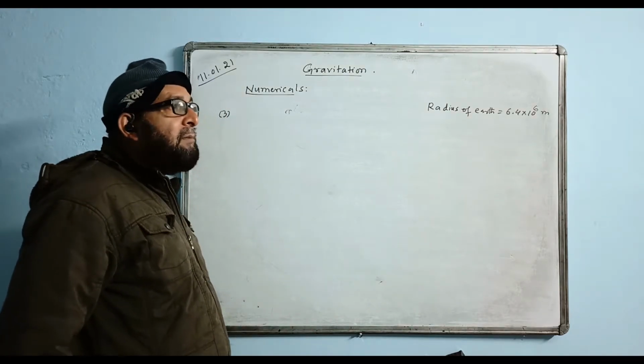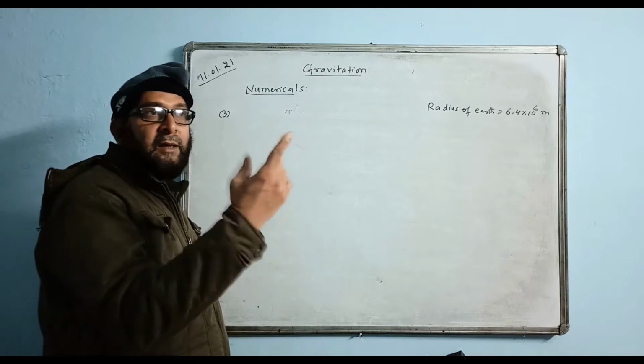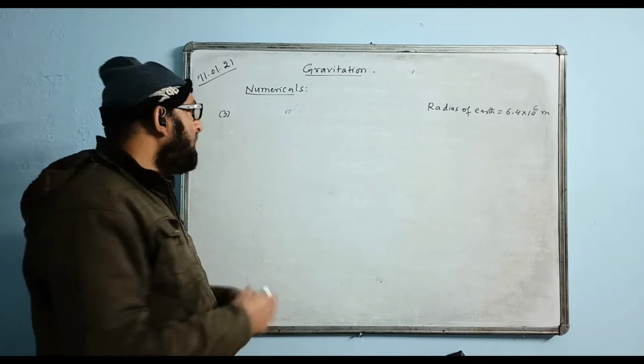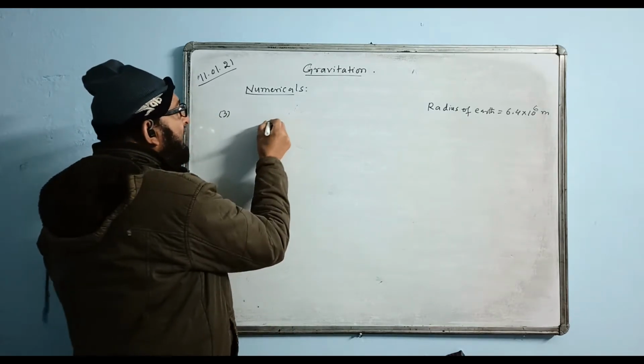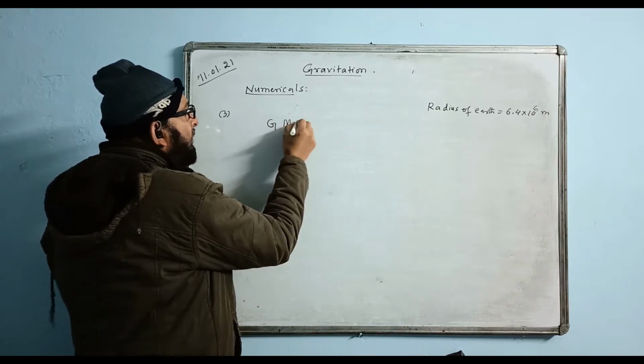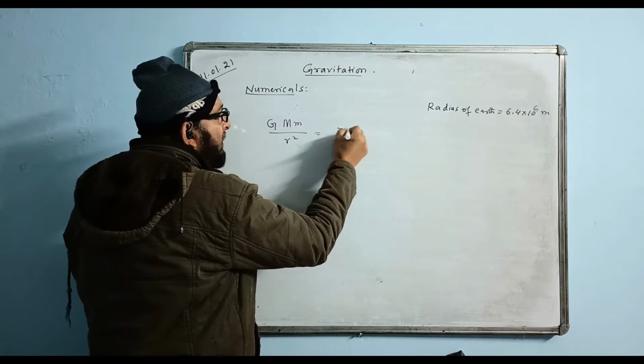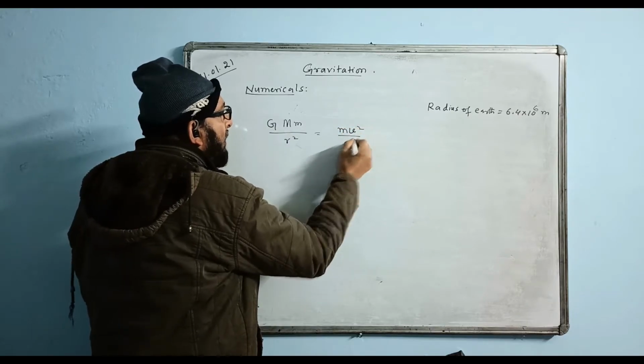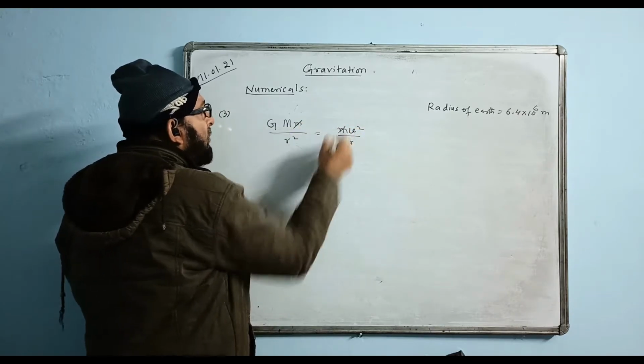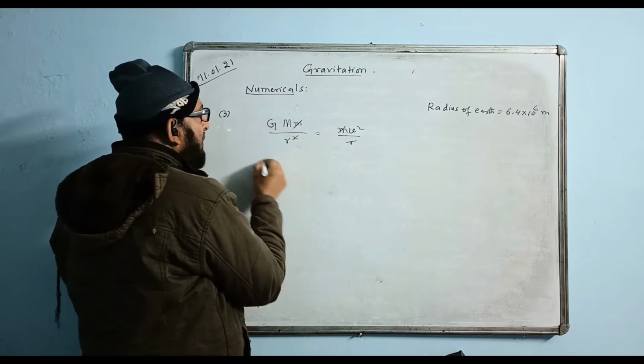Okay, this type of question will be answered this way. Earth is revolving around the sun. Then we write gravitational force, that is G M m by r square, equal to centripetal force m v square by r. The small m cancels.